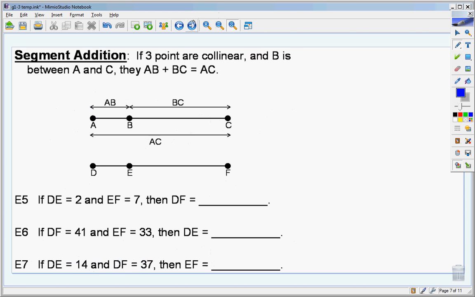Segment addition is actually a postulate. It says if 3 points are collinear, so notice A, B, and C are collinear. It says B is between A and C, so notice that it's in between it. That AB, in other words, the length of AB, plus BC, the length of BC, is going to be equal to AC, in other words, the length of the entire segment.